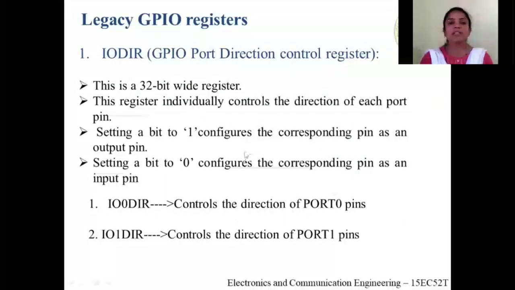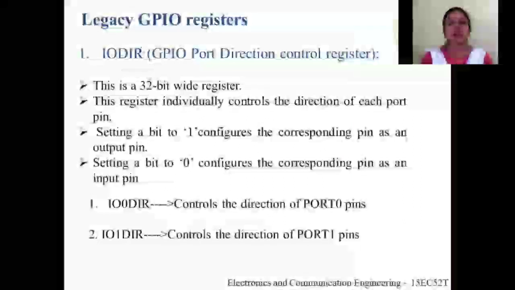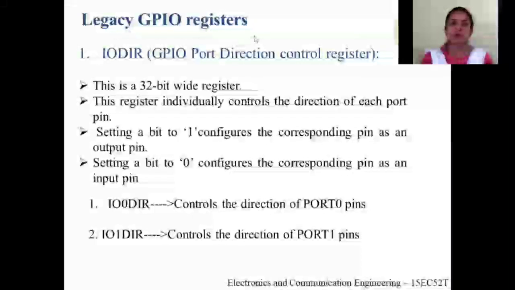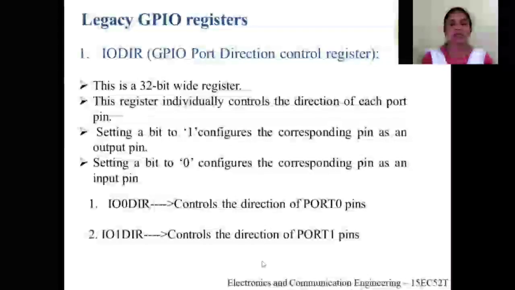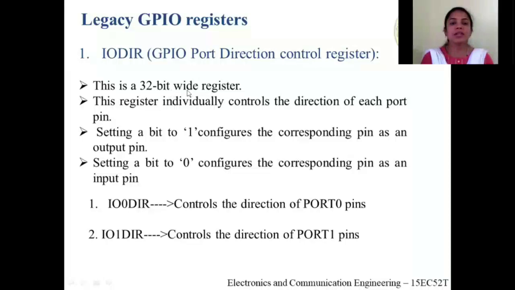The first one is the IODIR in the legacy GPIO registers, that is the GPIO port direction control register. This is a 32-bit wide register because the port 0 pins are 32 pins.